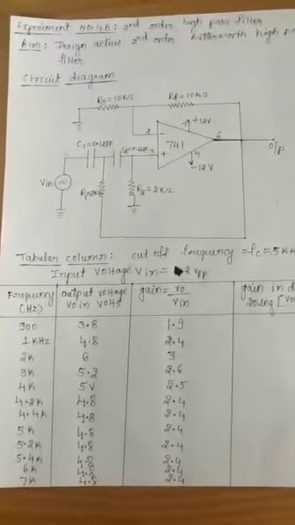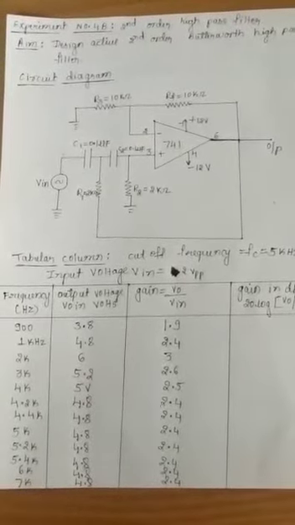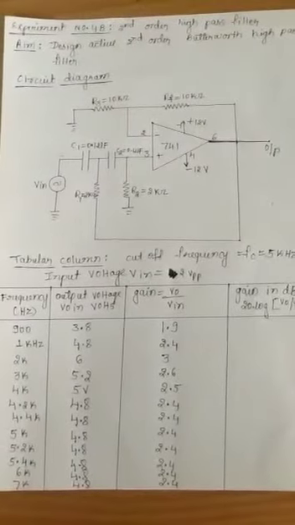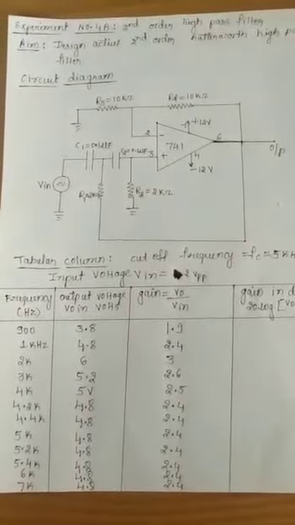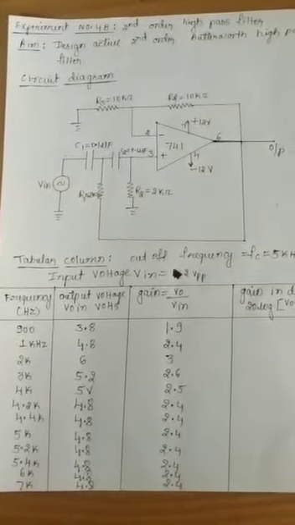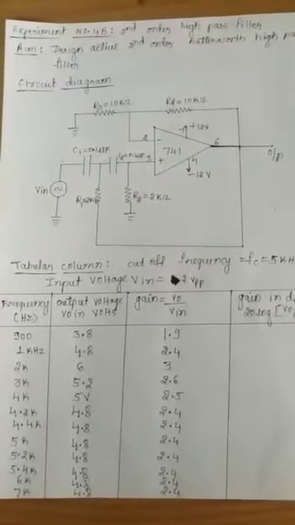Suppose I keep 900 Hz, I got the output voltage as 3.8 volts. After varying all these frequencies from 900 Hz to 7 kHz, you have to note down the output voltage. For 1 kHz I got 4.8 volts, for 2 kHz I got 6 volts.